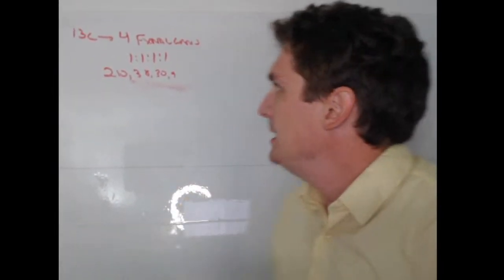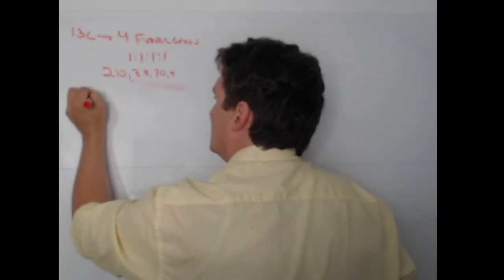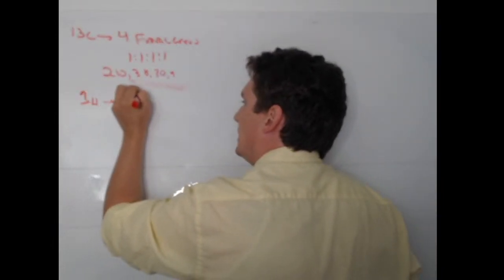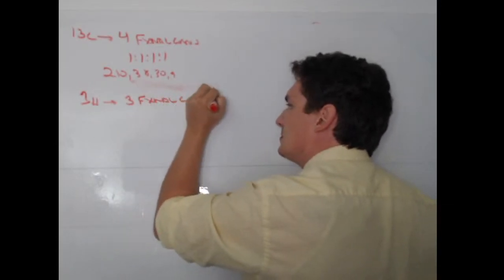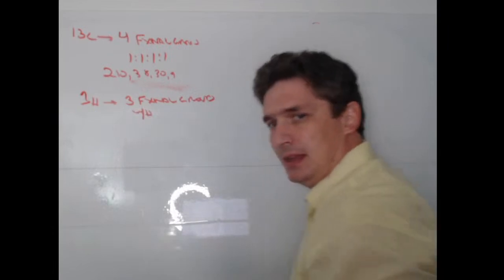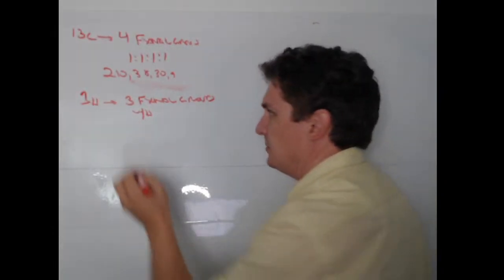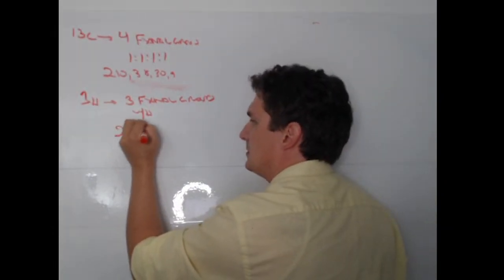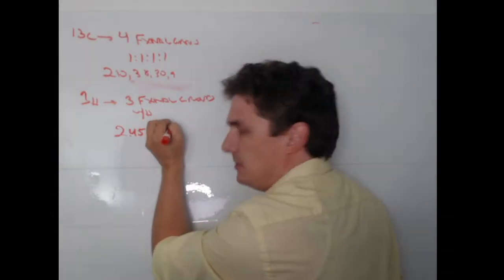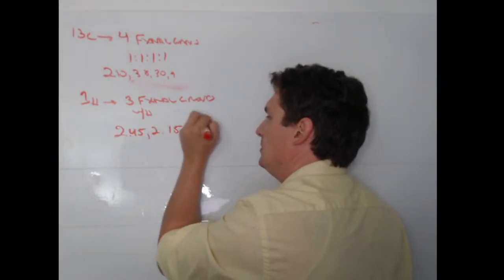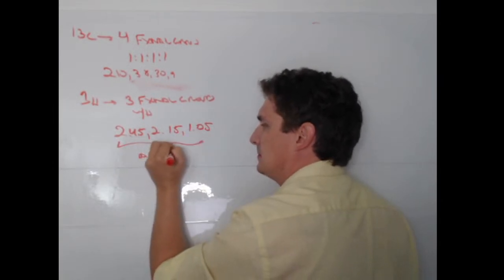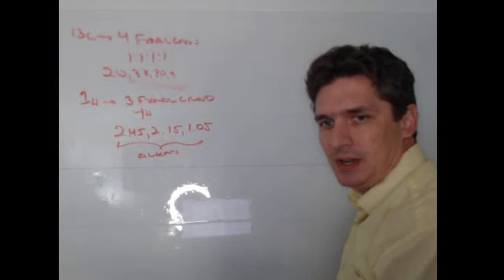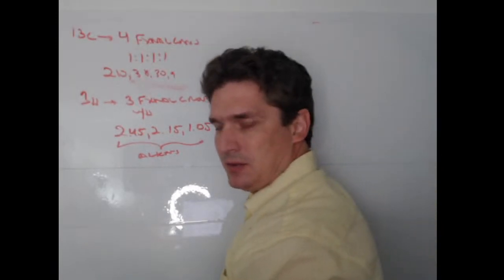If we look at the 1H NMR, we've got 3 functional groups with hydrogens. And chemical shifts 2.45, 2.15, 1.05, and these are all pretty consistent with alkanes. And we've got one that sees 3.